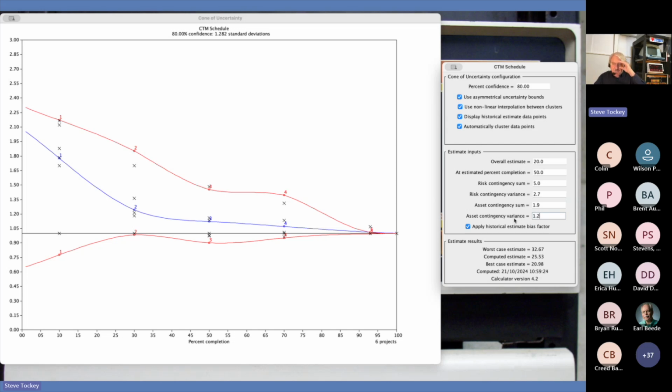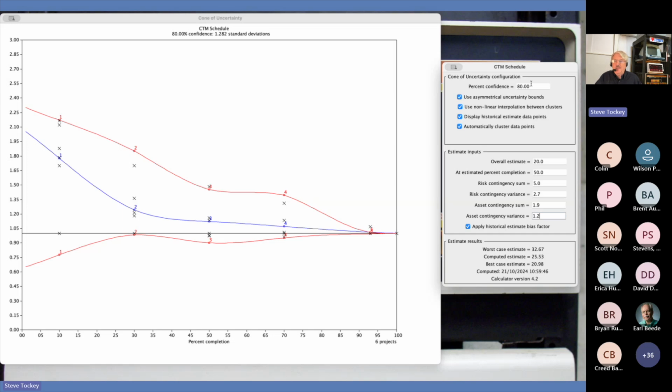Now you see that I thought it was going to be a 20-week project. Again, at this 50% point, I thought it was as likely to be more than 20 as less than 20. It's actually as likely to be more than 25 as less than 25. No earlier than 21, no later than 33.